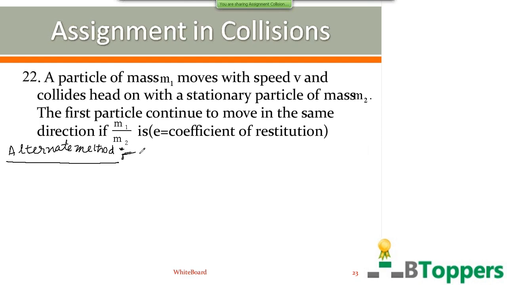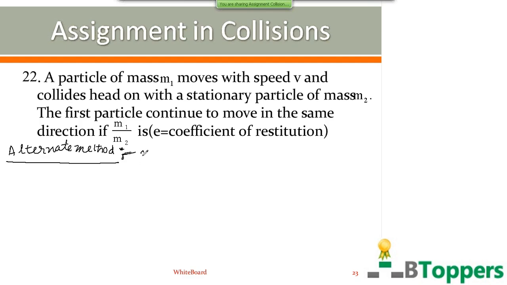Any problem in one-dimensional collisions can be solved by using the two equations. m1 v1 plus m2 v2 is equal to m1 u1 plus m2 u2. That is one equation, and e equal to v2 minus v1 by u1 minus u2.